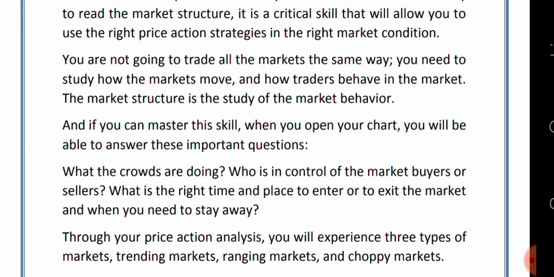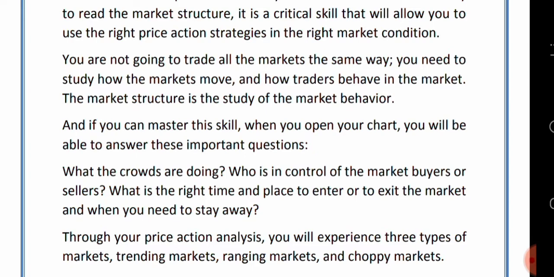It will also help you know who has control over the market. Is it buyers or the sellers? In a market where buyers are in control, where buyers have the momentum, it will be foolish of us to place a sell order in such markets. Obviously, because we will just be throwing away our money to the broker.